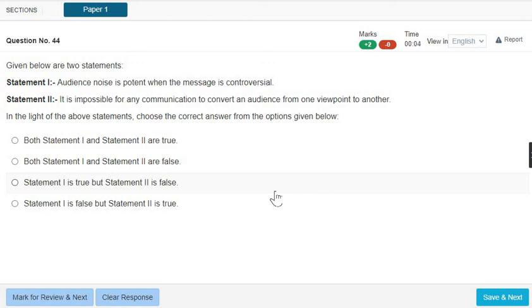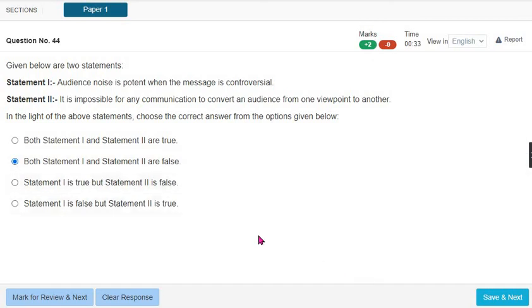Audience noise is a potent factor. When the message is controversial, it is impossible for any communication to convert an audience from one viewpoint to another. In the light of the above statements, the answer is: both statement 1 and statement 2 are false.